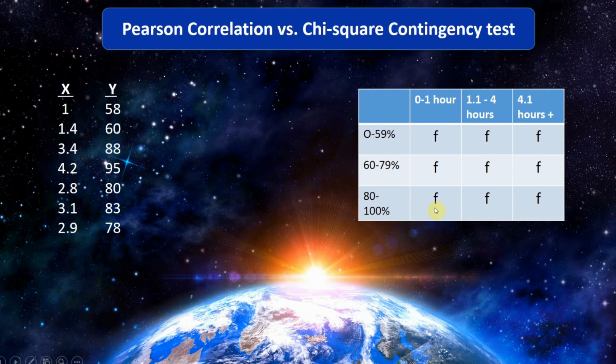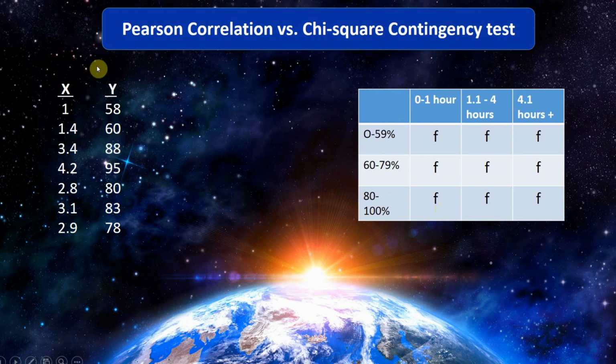Over here, this would be the number of people who scored between 80 and 100% and studied between 0 and 1 hours. So we're going to be able to determine if there's a relationship between the time spent studying and test scores, but we do it differently. Here, we're looking at frequencies. Over here with correlation, we're looking at scores.